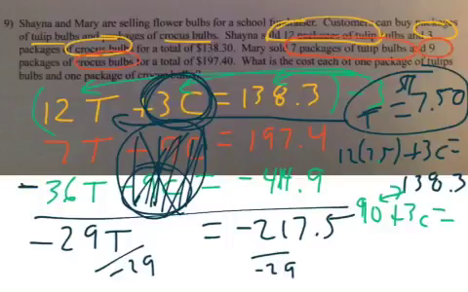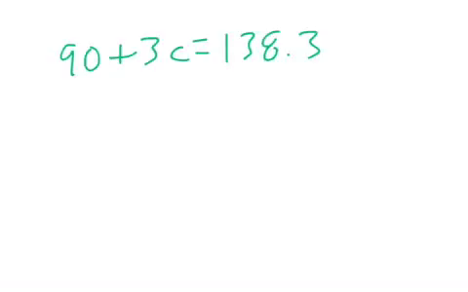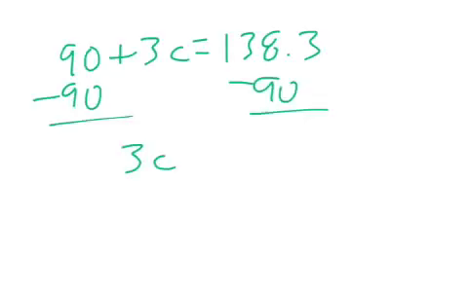So I better change screens here real quick, guys, because I am running out of room. So hopefully you agree I had 90 plus 3C equal to 138.3. And like I said, I'm going to go ahead and minus 90 both sides. It's okay if you use your calculator, guys.